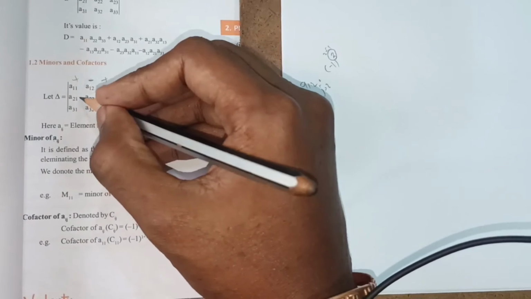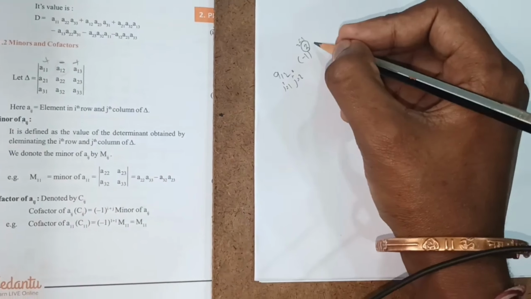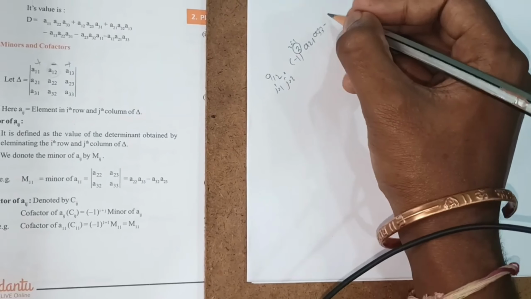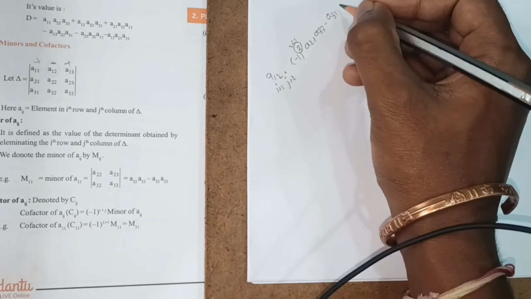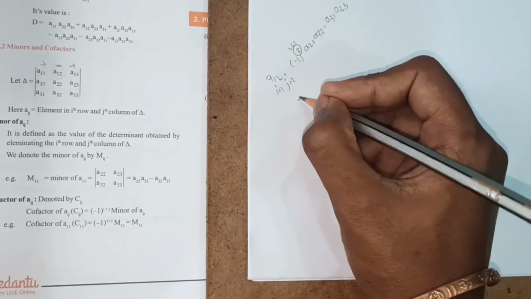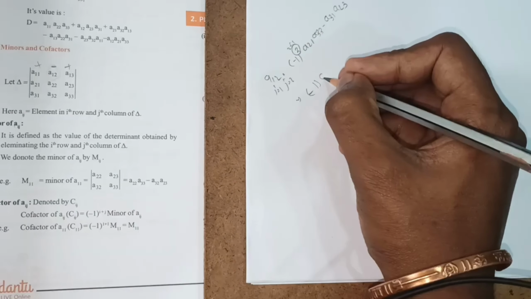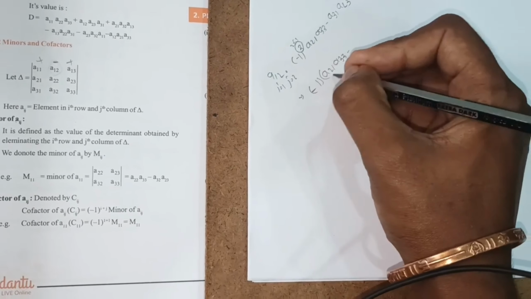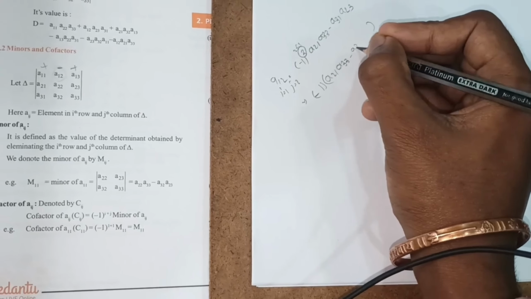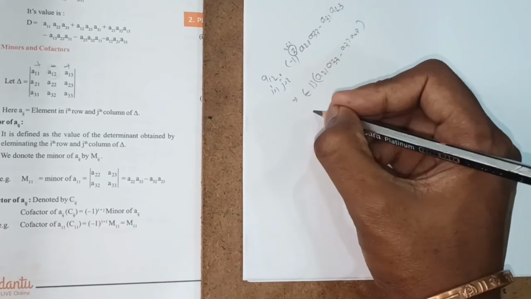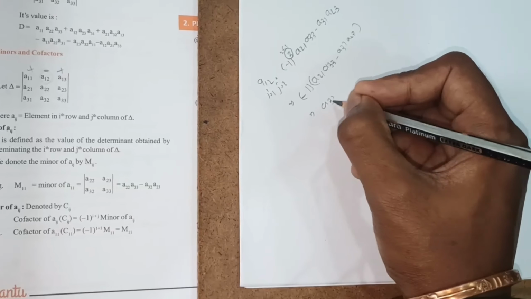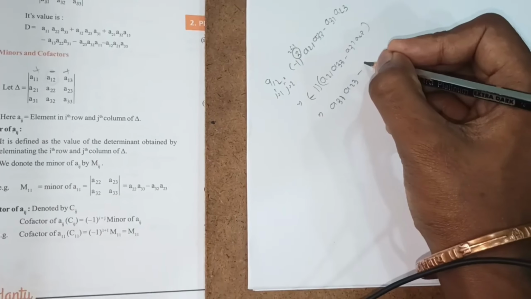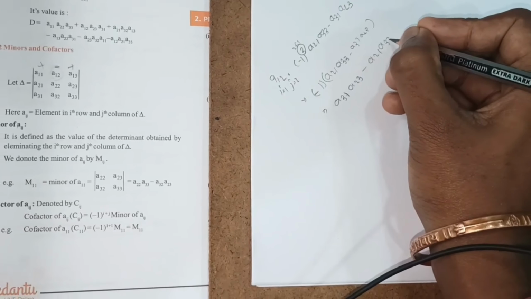What is the minor of A12? It is A21 A33 minus A31 A23. So the negative will be multiplied to both the terms. So the cofactor of A12 equals minus (A21 A33 minus A31 A23), which gives A31 A23 minus A21 A33.